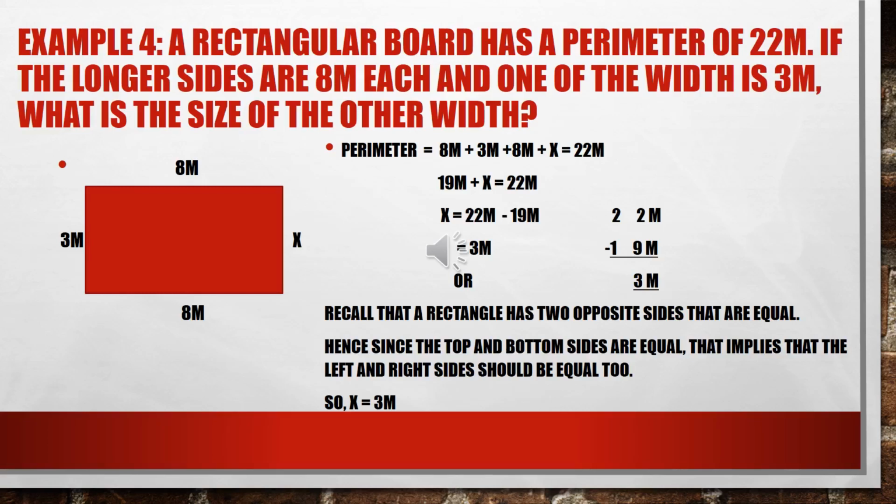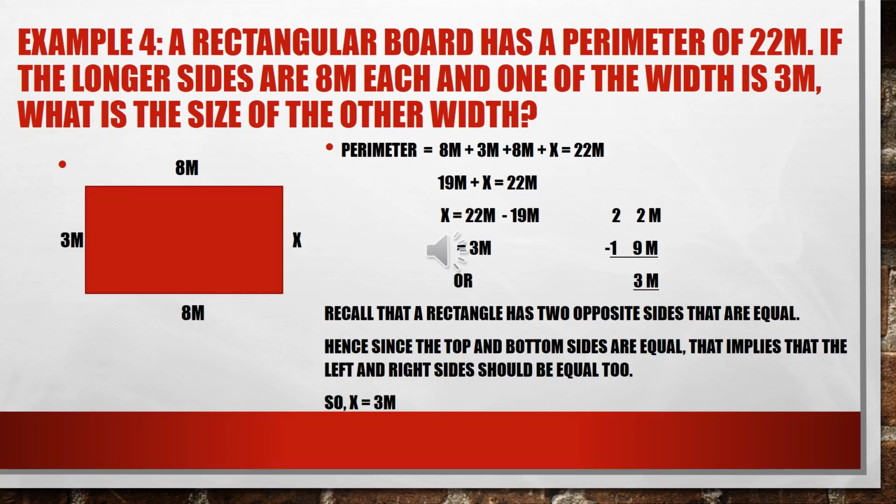Now 8 plus 3 will give you what? 8 in your head plus 3, 11. Good job. Now 11 in your head plus 8. If you said 19, you are an awesome student. So we have 19 meters. So 19 plus x is expected to give us 22.